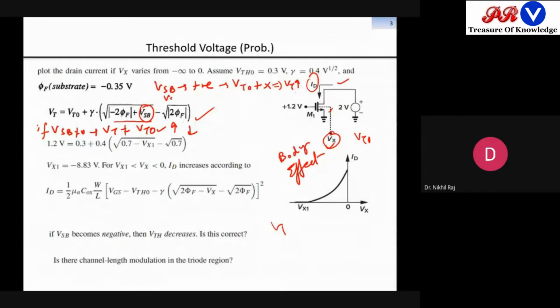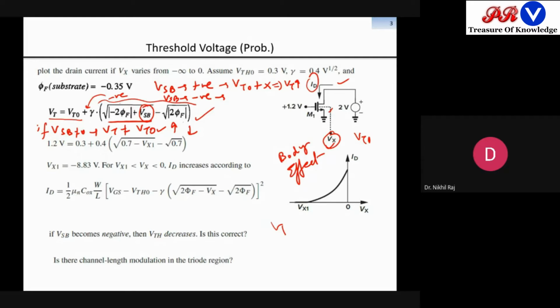When VSB is negative, what happens? The complete factor will get a lower value than 2 phi f. So this overall will become negative, and that negative sign will be introduced here.